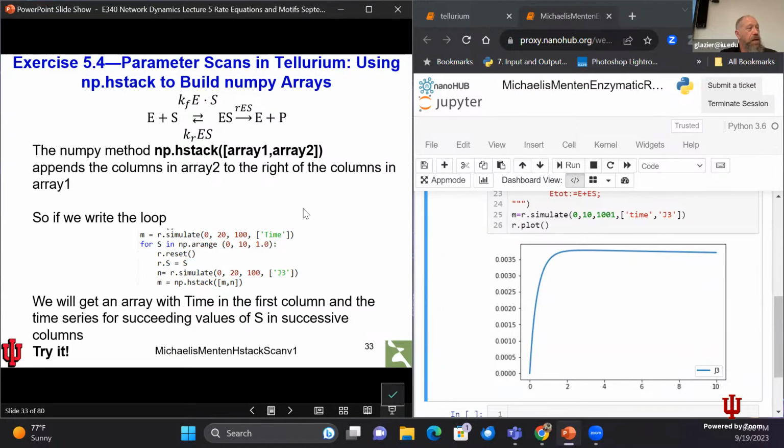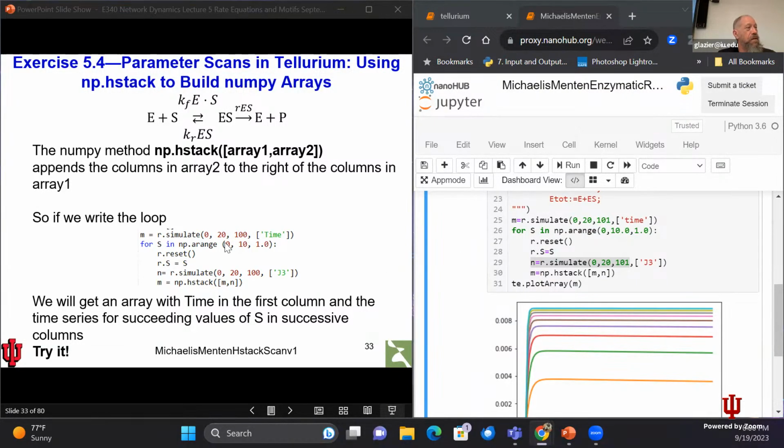I remember that when I'm going to run my simulations repeatedly, I have to keep resetting them. I'm going to reset my simulation. I'll make my value of S my new value of S. I'll simulate it. I'll stack it. And then let's see what happens. Why don't you try that? Is this clear? Try that code.